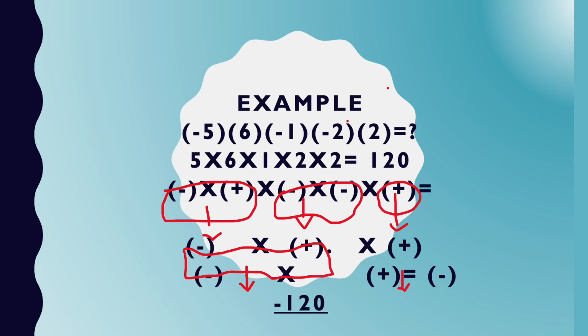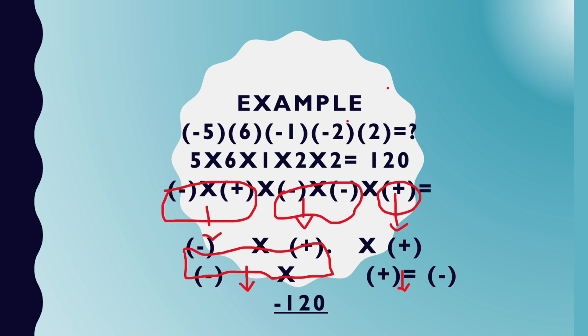What is the next one? Minus, multiply by minus. It's going to be plus. And here, the plus, we don't have anything to multiply with this one. So we are going to write that one plus.